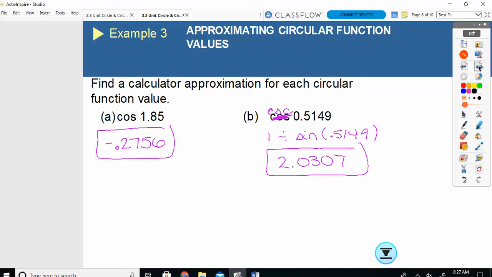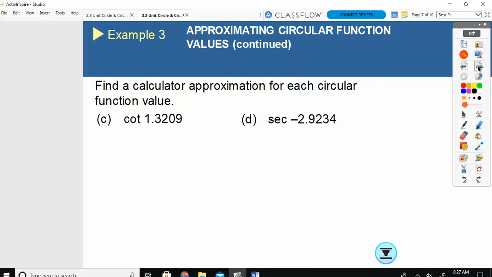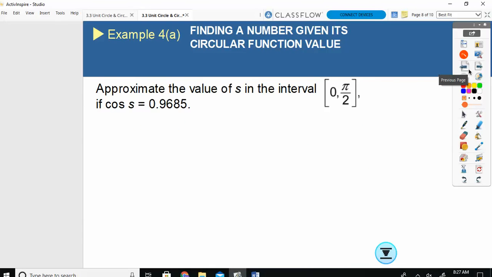Let's do this example. I want to find S, which if we're talking about a unit circle, S and theta are the same thing, in the interval 0 to pi over 2.